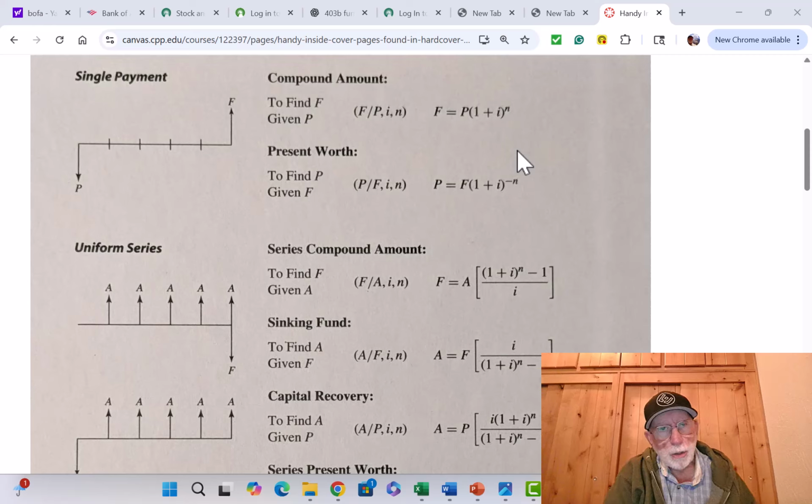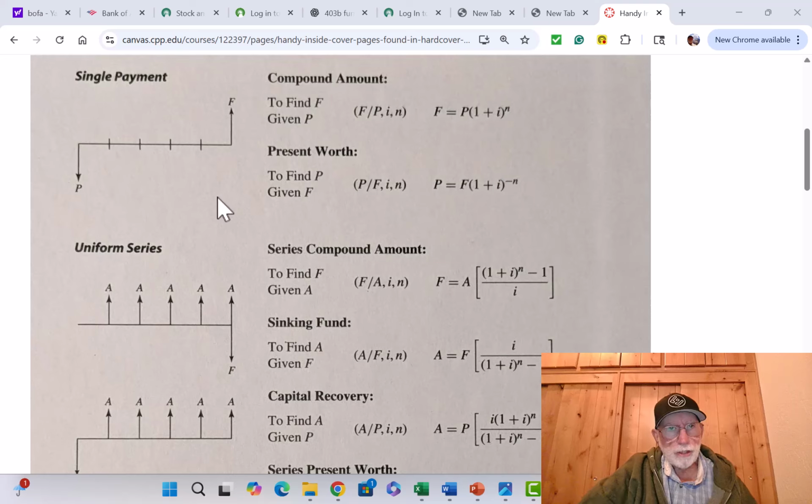This is part two, where I'm going to just raise the curtain a little bit and show you that the brute force method is just one way to get the amount of compounding. There are three other methods, and I'm going to show those to you right here.